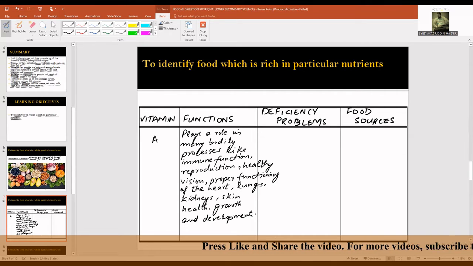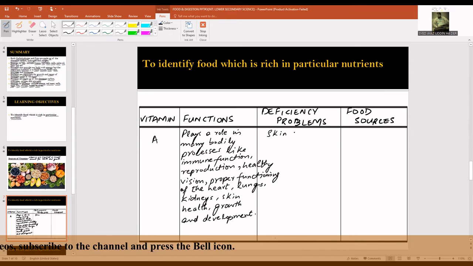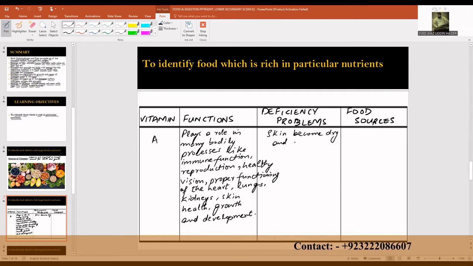Deficiency problems include skin becoming dry and scaly, and second one, night blindness.